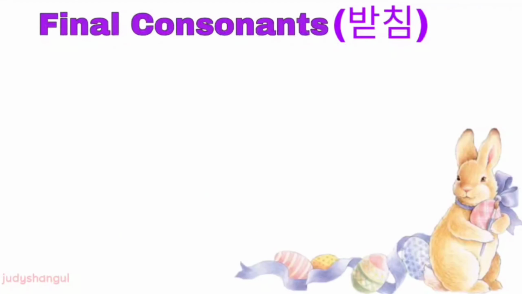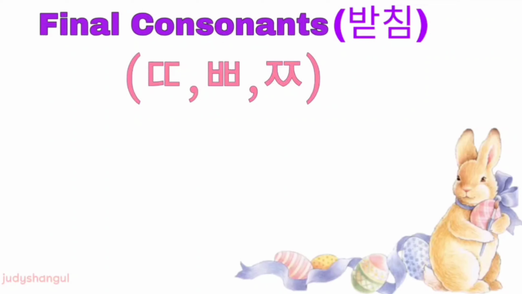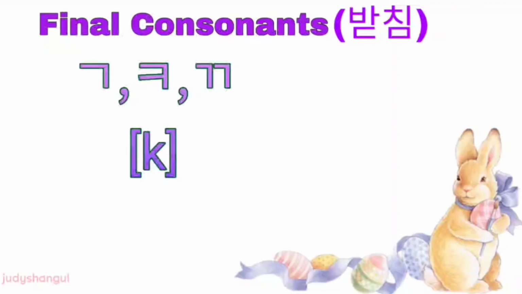All consonants are used as 받침 except for 쌍디귿, 쌍비읍, 쌍지읒. 기역, 키읔, 쌍기역 are all pronounced as a K sound when they are used as final consonants. For example, 약, 책, 부엌, 박.